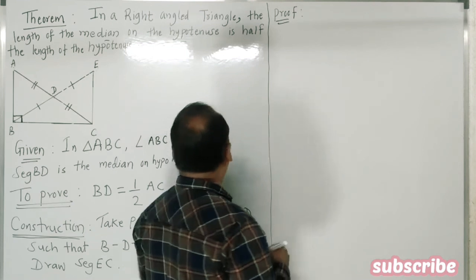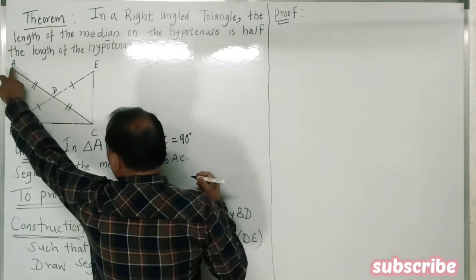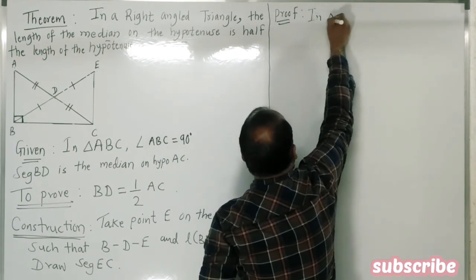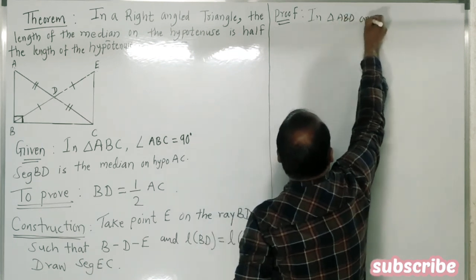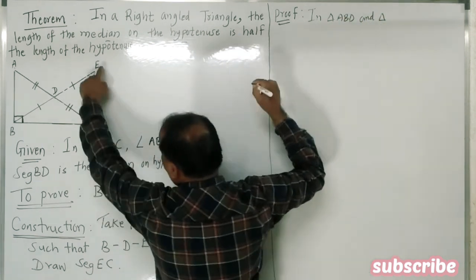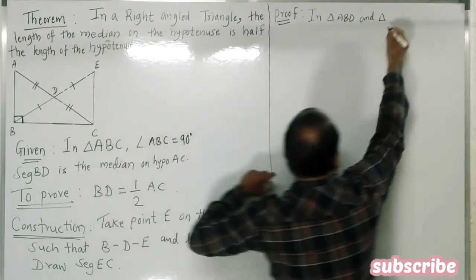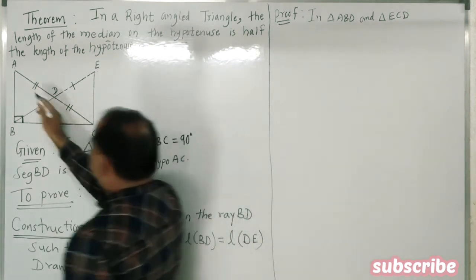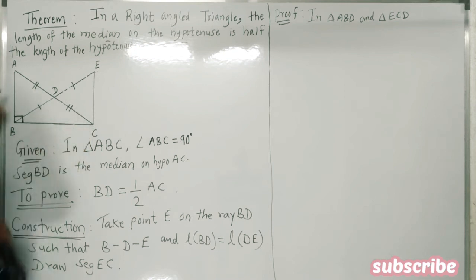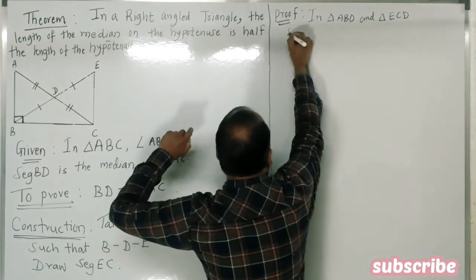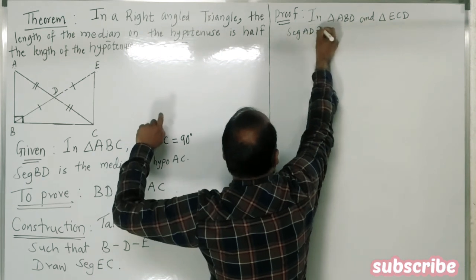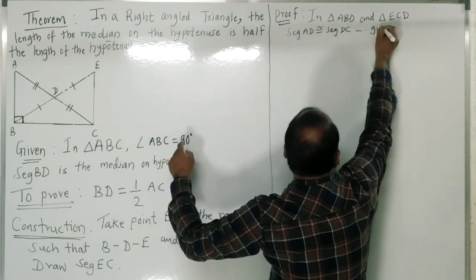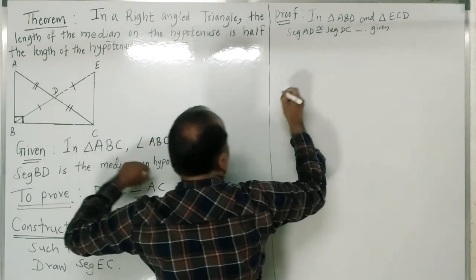Now the proof of the theorem. Let us consider triangle ABD and triangle ECD. In these two triangles, side AD is congruent to segment DC, which is given as D is the midpoint of AC.